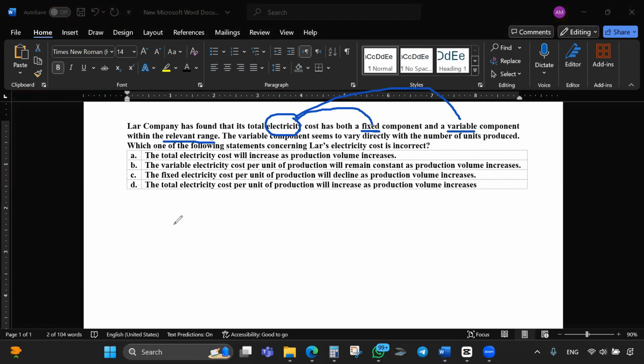What does it mean? If we are producing TVs and we are producing now 100 TVs, the cost will include a fixed portion, which is, for example, the rent of the manufacturing plant, and the cost of producing the TV, which will be here at, for example, $5,000 and $100.